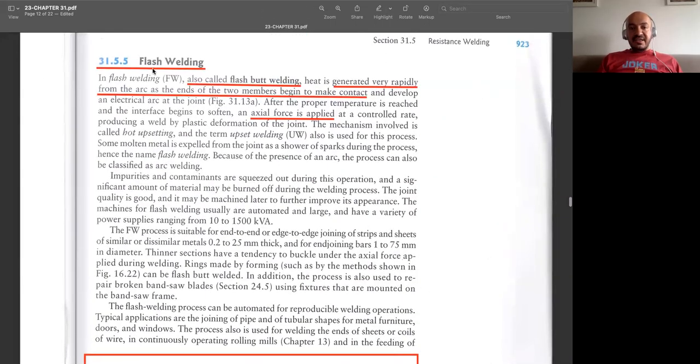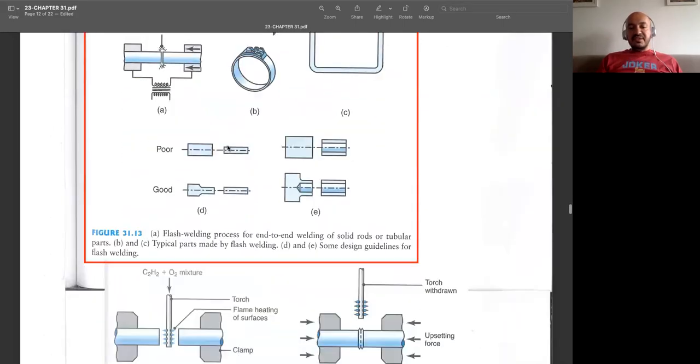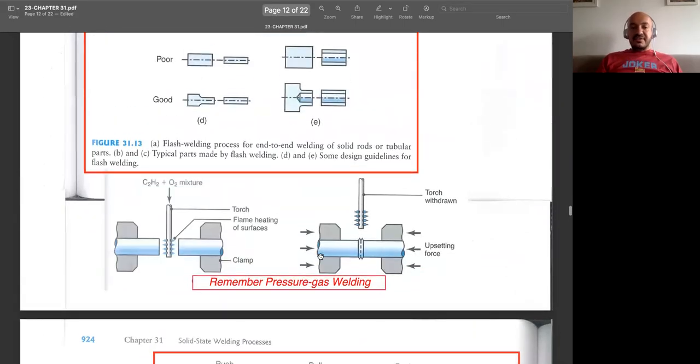Then we have flash welding. Again, in this one, we are using electrical arc, electrical current, and this is very similar to pressure gas welding. If you remember it from the previous chapter, we were using a torch, heating the interface, and then applying pressure, and we were generating flash.